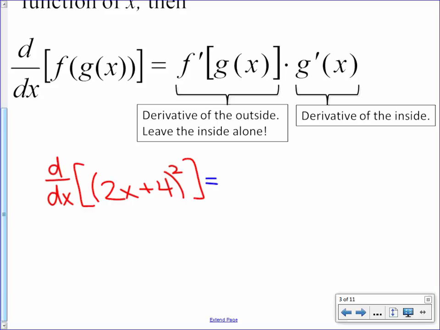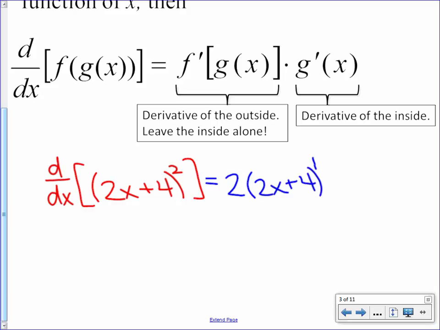So we are going to take the derivative of the outside. We have something squared. When something is squared, we would use the power rule. Drop the power and decrease the power by 1. There's basically a 1 in front of the 2x plus 4.